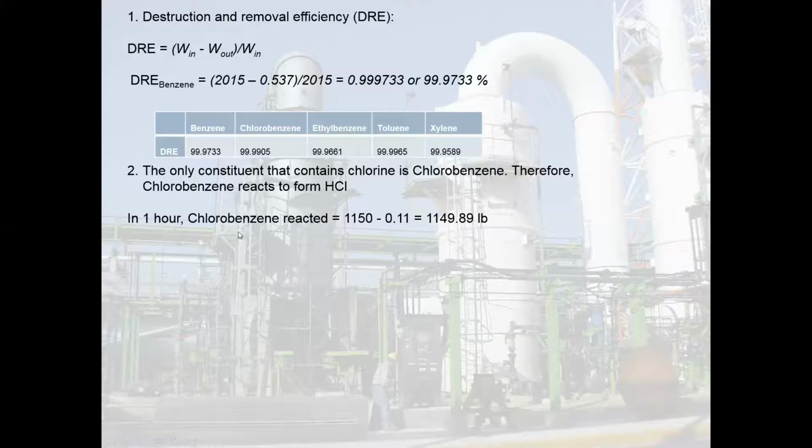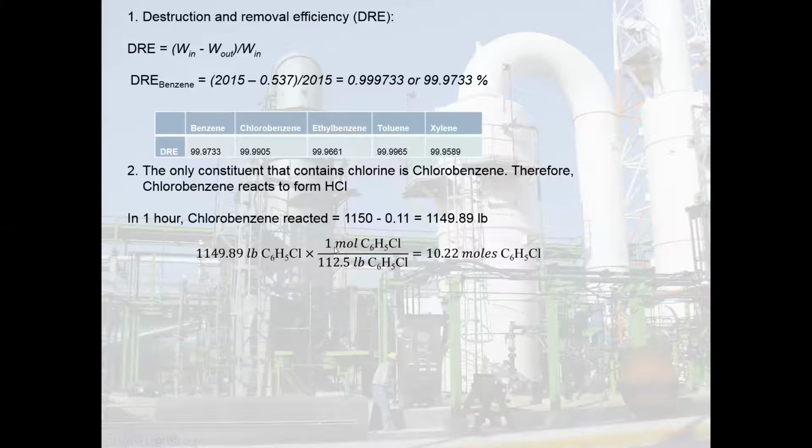And so we take what goes in and what goes out, for a 1 hour time span. And when you do that, you determine that we removed in an hour nearly 1,150 pounds of the chlorobenzene. And so when you take the chlorobenzene, and this is the chemical formula for the chlorobenzene, we can determine how many moles of chlorobenzene is in this amount that has reacted and been removed.